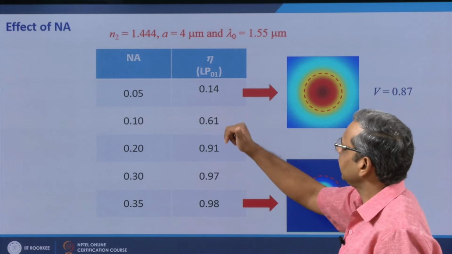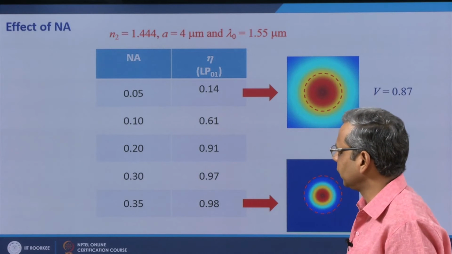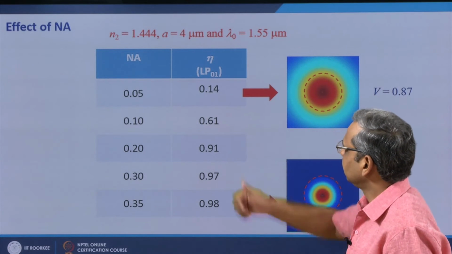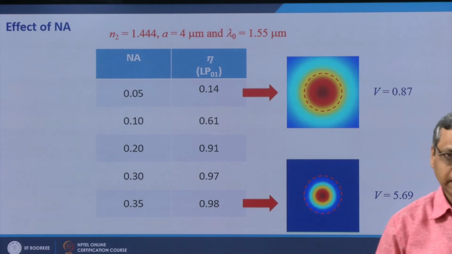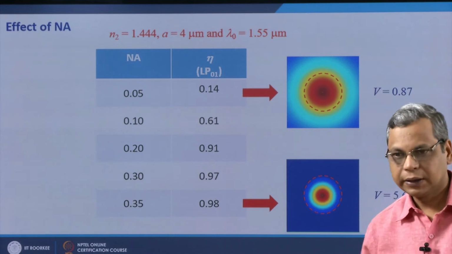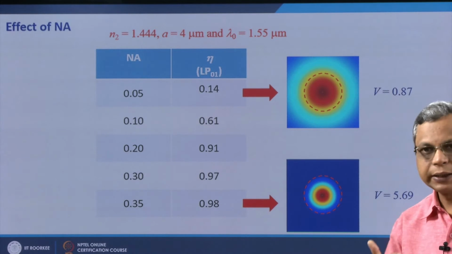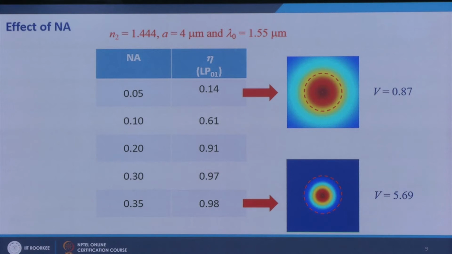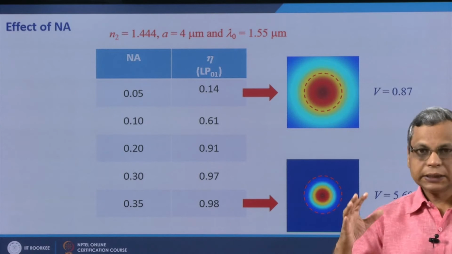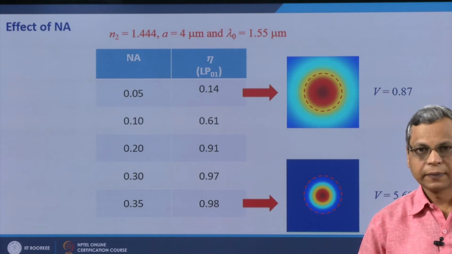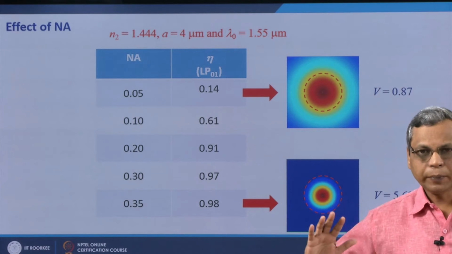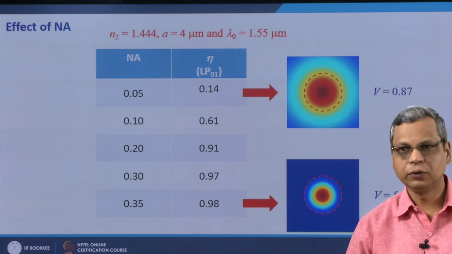Then what I see, as I increase the value of numerical aperture, the fractional power in the core increases, and this is intuitively correct. I expect this intuitively, that as the index difference between the core and cladding increases, more and more power is pushed inside the core.